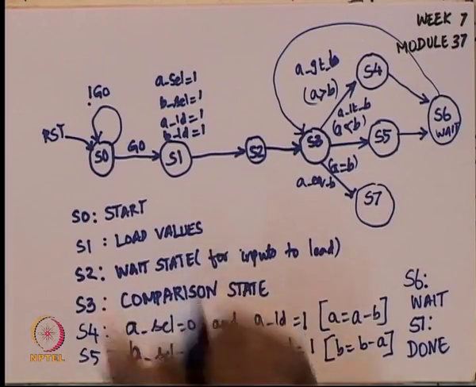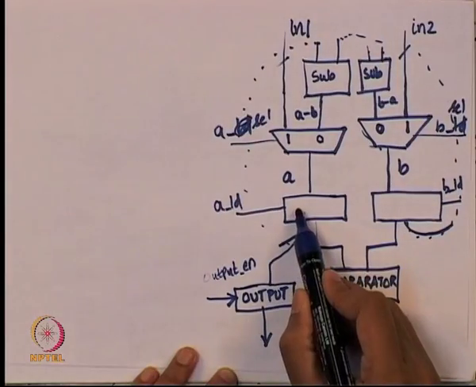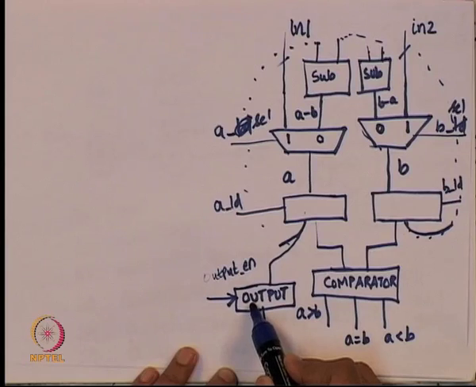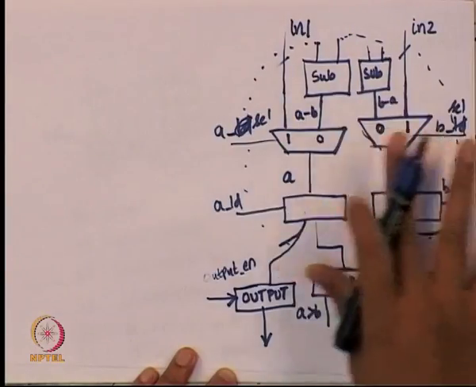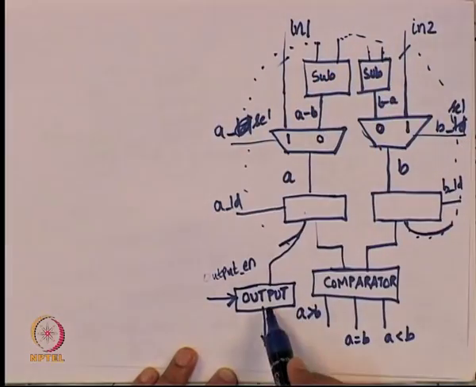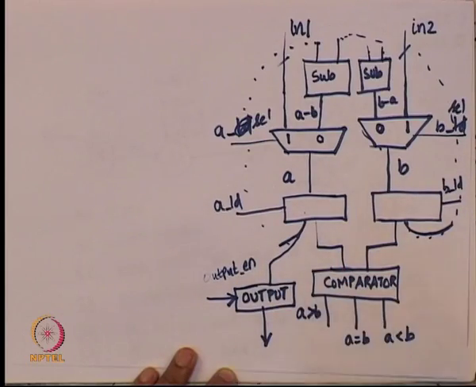If I go back to the data path, I said we will have to take the value of A and copy it to the output register, so that this output register will keep the previous output, even if there is a new computation going on. This output will be held as long as it is necessary.